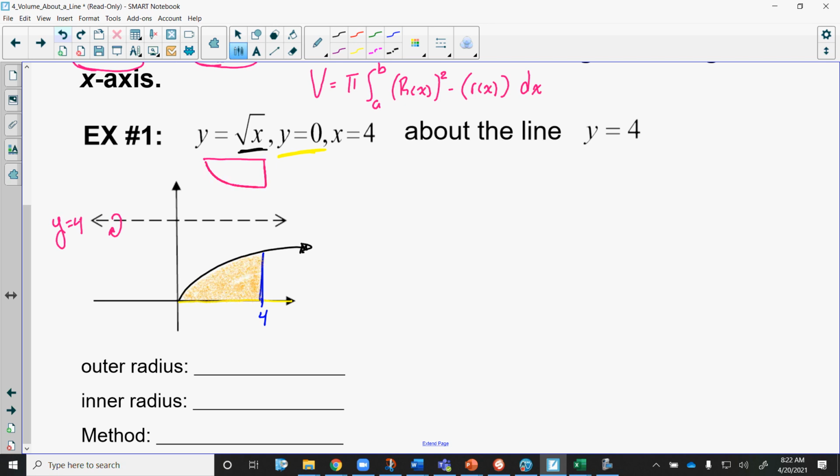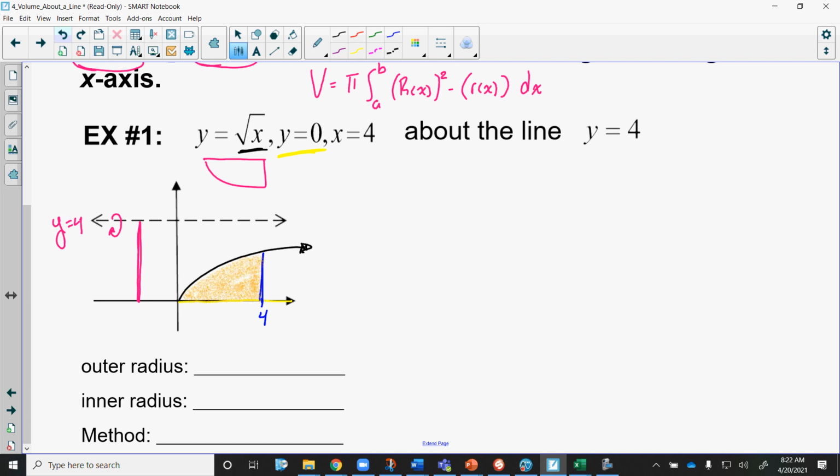It's not symmetric, but we're going to have that thing going around and around and around.